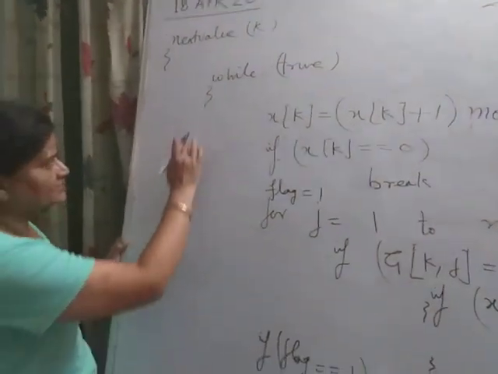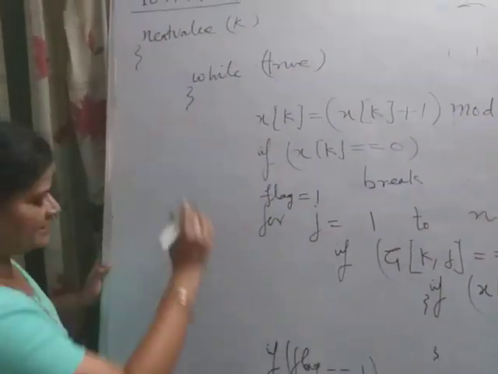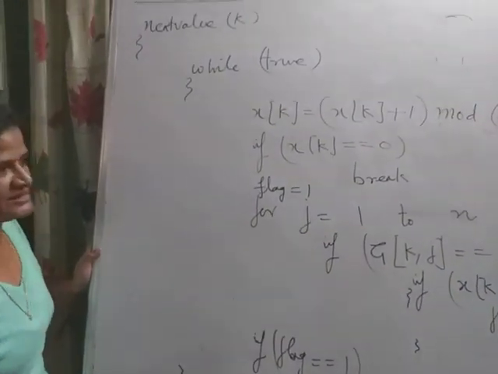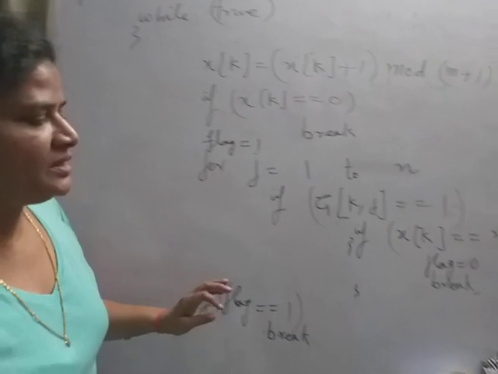Okay, this is the end of the while loop and this is the end of the function. Now see what algorithm I have written.